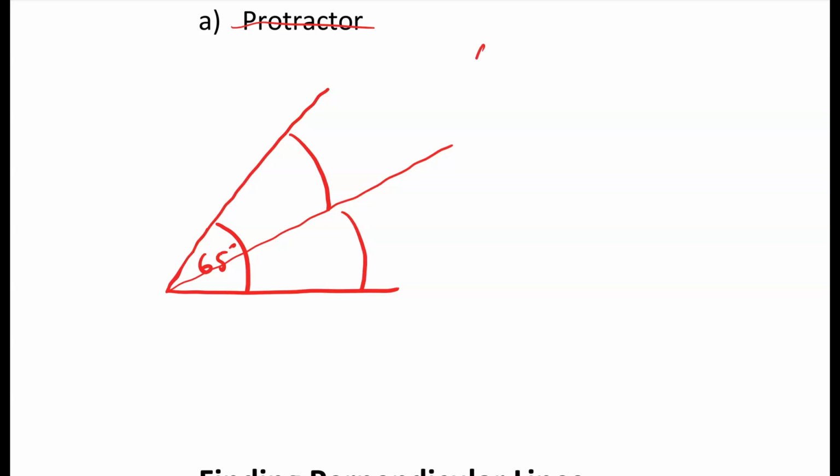Well, if we take our 65 and divide it by 2, we're going to have two angles that are 32.5 degrees for each. So that's the big thing we're looking for, is understanding how this will affect it if we split it in half, and then what our new angles are going to be. So don't worry about drawing it with a protractor or a compass.